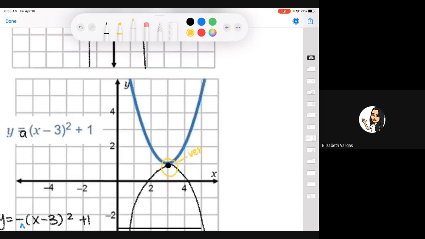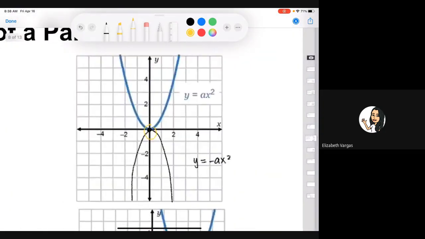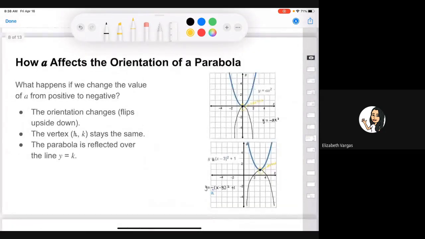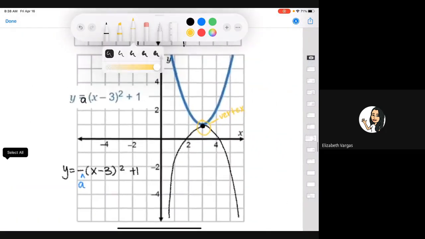Okay. And just a reminder that these points are your vertex. The very bottom of your parabola is your vertex. And again, we can find the vertex using h and k. So this is an example. What is the vertex of this blue line? Well, this is our h, this is our k, and so our vertex is (3, 1). We can check that. Is this at (3, 1)? Yes, it is, in fact.